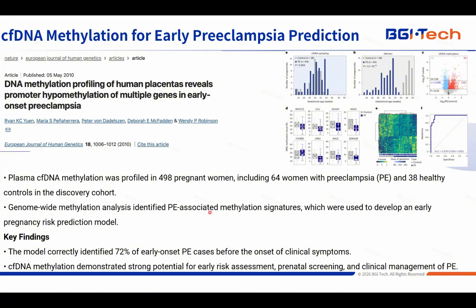Based on these signatures, they developed an early pregnancy risk prediction model that identified about 72% of early onset PE cases before the onset of clinical symptoms. The researchers also found that many demethylation changes in PE patients were placenta-related, particularly in early onset PE, which was associated with abnormal placental development.